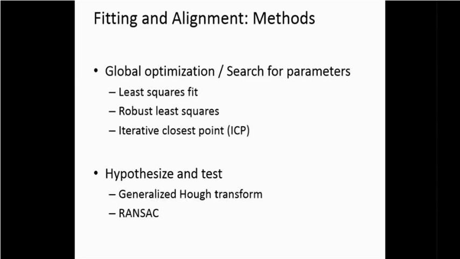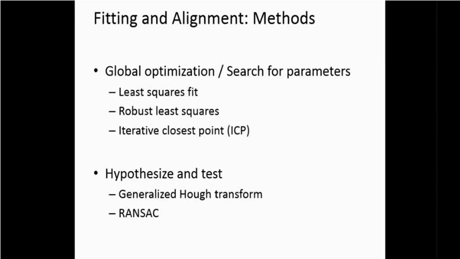They're used for basically any time that you're trying to align images to each other or trying to align a model of an object to a region. You're using some kind of fitting or alignment method, as well as a lot of medical image analysis. Basically, fitting and alignment is one of the fundamental problems of computer vision.